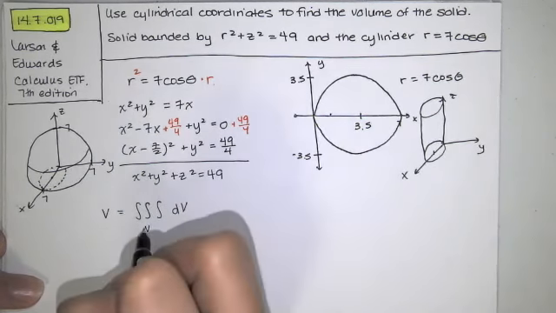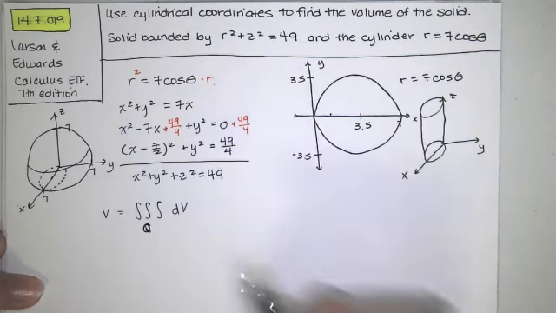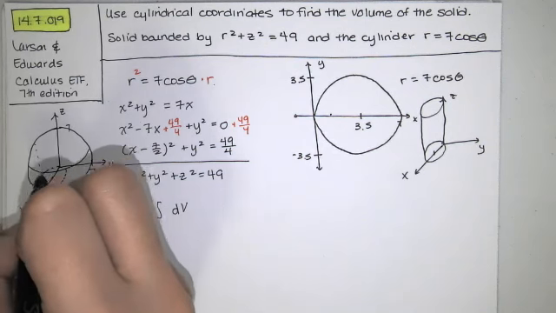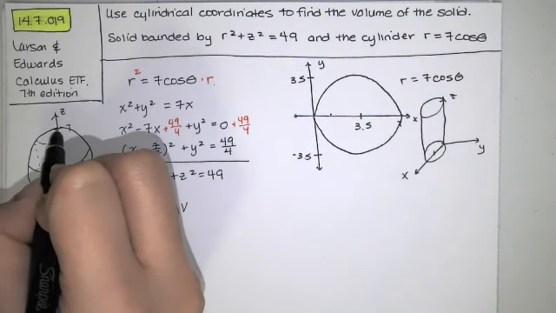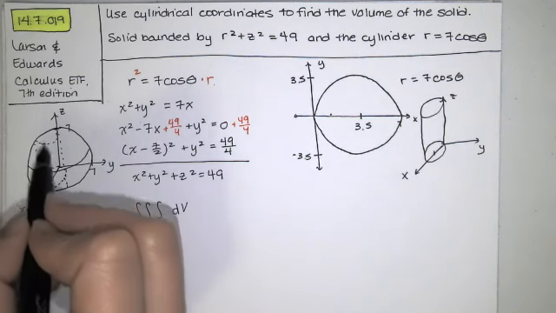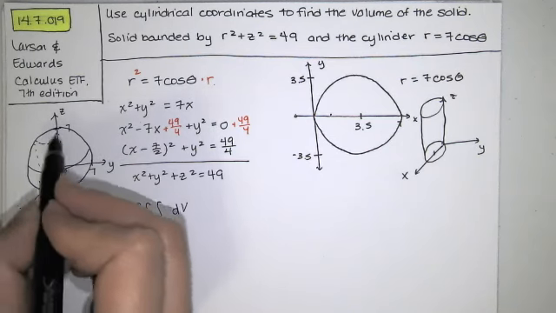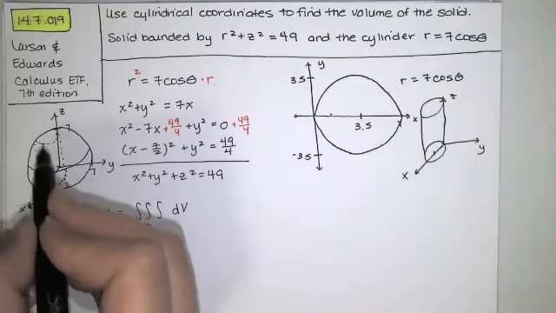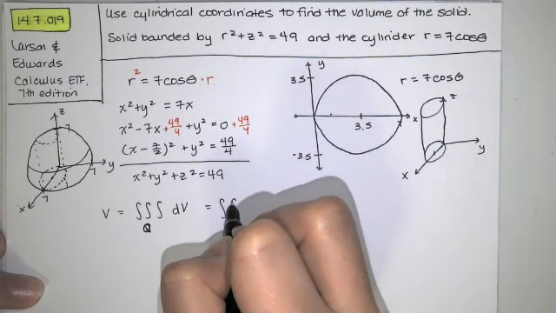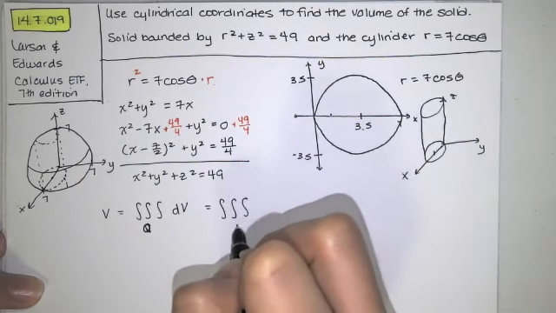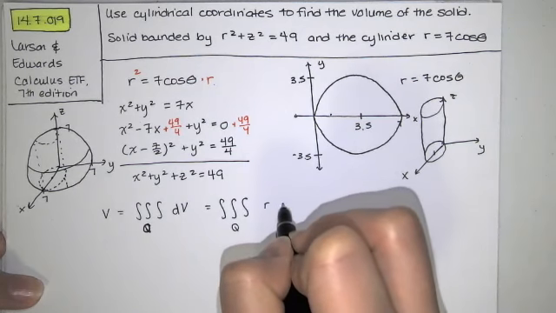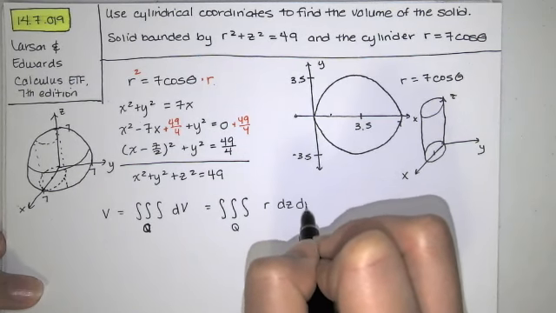Or I guess I should call the solid region Q. And the solid region Q that we're talking about is the part of the sphere that is inside this cylinder. So we're going to have a little part of the sphere at the top, a little part of the sphere at the bottom, and a cylinder inside that. Well, that is the triple integral over Q of, in cylindrical coordinates, you can use r times dz, dr, d theta.